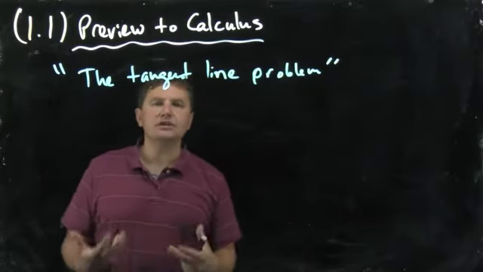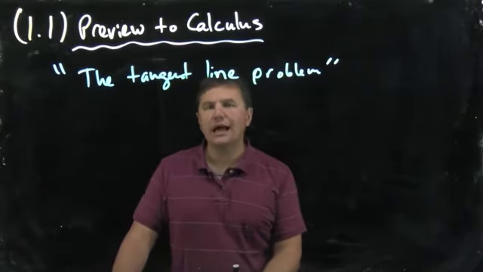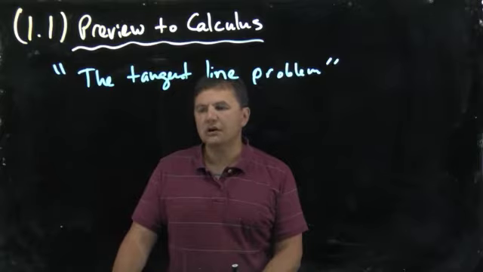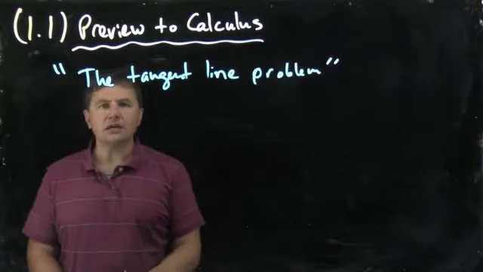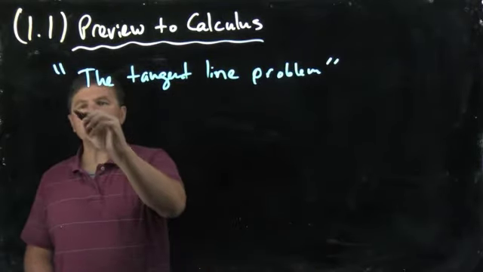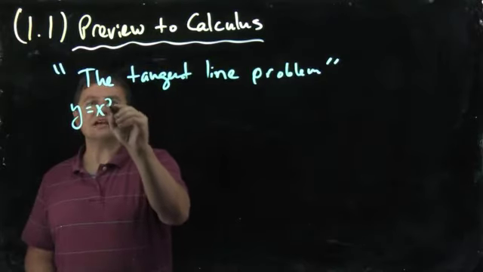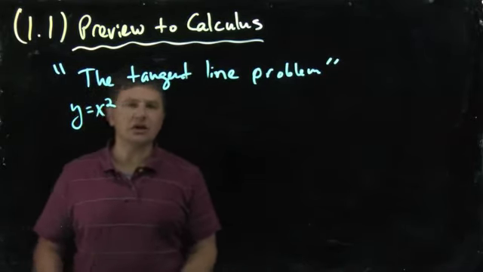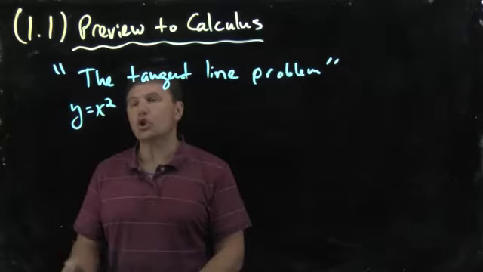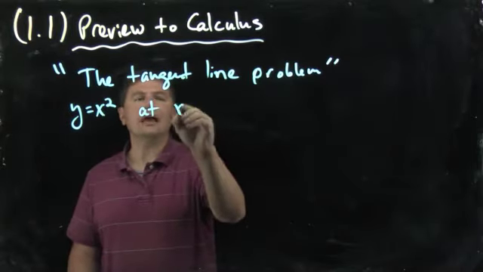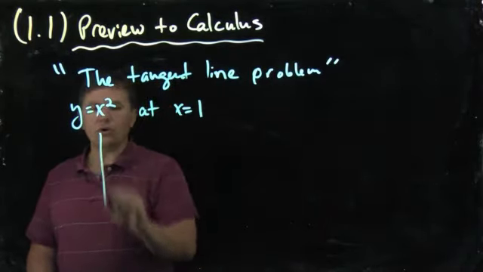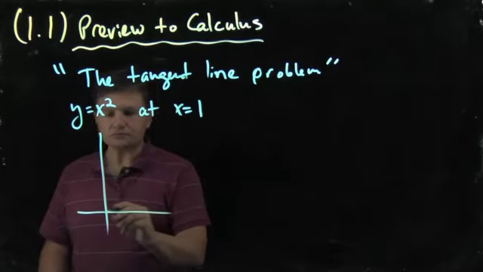Okay, so the tangent line problem is sort of an easy one to lay out. Let's make it really basic: y equals x squared, and we were interested in knowing what the rate of change, or the slope, is at x equals 1. So let's take a look at this.